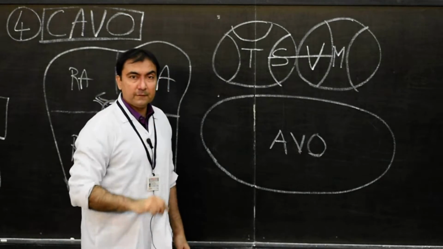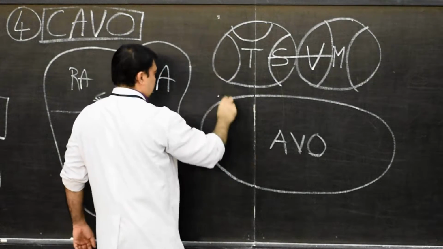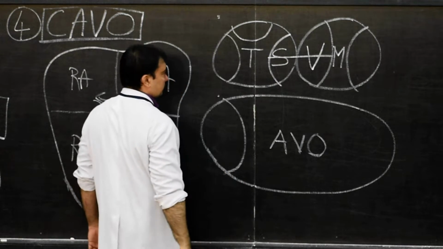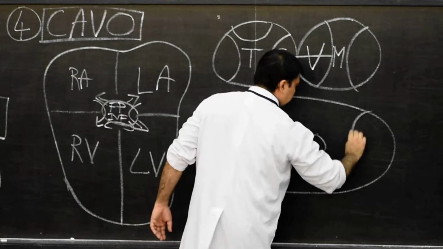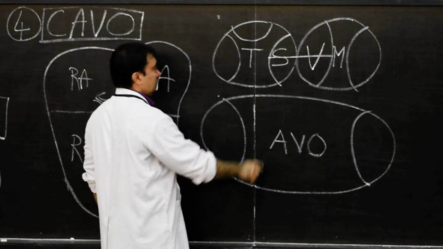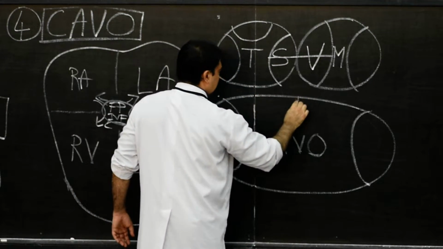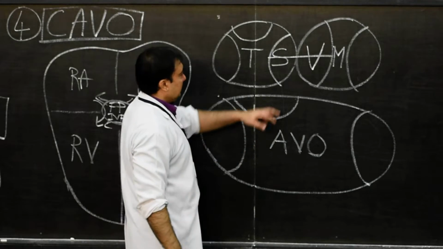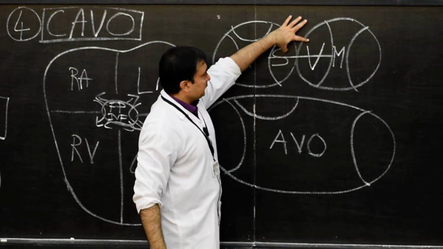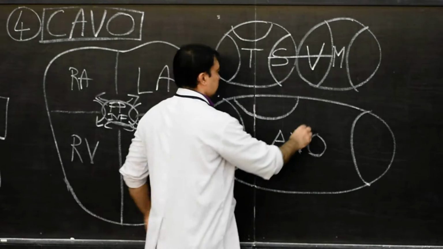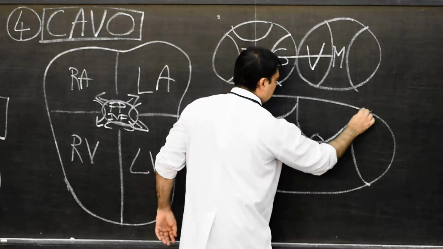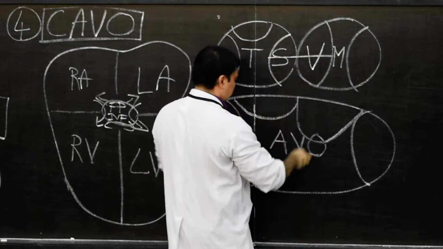So there will be 5 valves. 1, this will remain as it is. Then 2, it will also remain as it is. 3, this valve will also remain as it is. Then this will be fused. So 4, this will be 4, and here this will be fused.